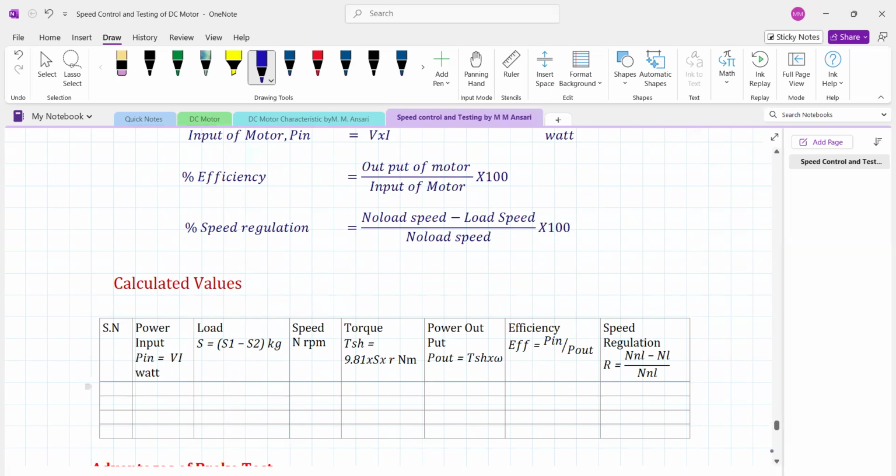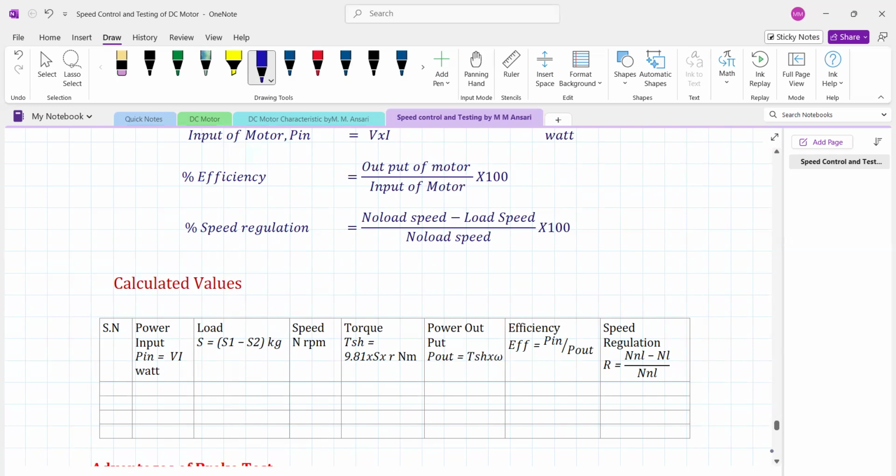Similarly, the speed at no load condition will be higher, say 1500 RPM, and as the load increases, it may be 1480, 1470, 1460, like that. Since it is a DC shunt motor, roughly the speed is somewhat constant. Now the shaft torque can be calculated at each load step, and similarly the power output, efficiency, and speed regulation.